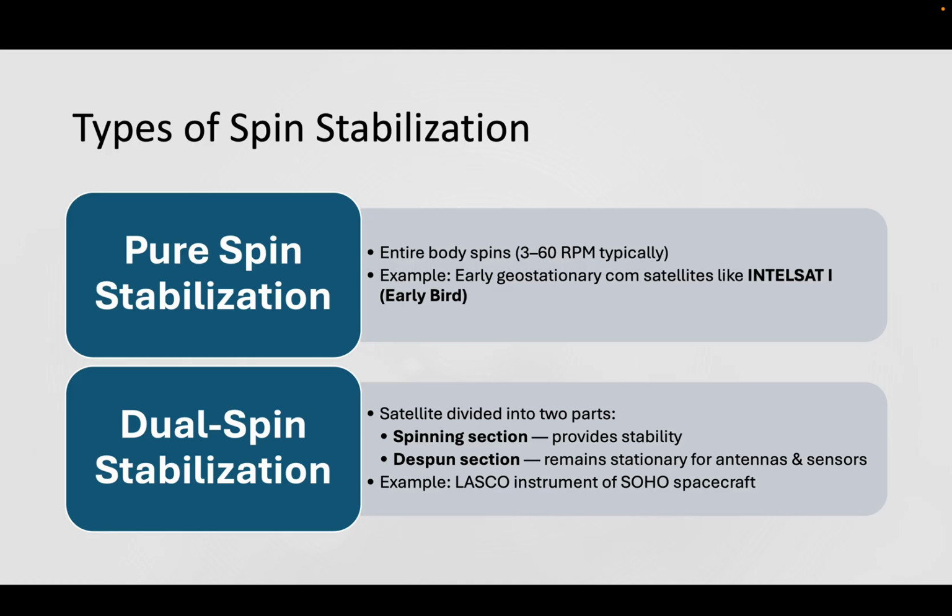We can see applications of the spin stabilization method in the Intelsat 1 Early Bird satellite. So we have two types of spinning: either the entire body spins, including all the parts, or only a particular part of the satellite is rotated and the other part is in the despun mode.